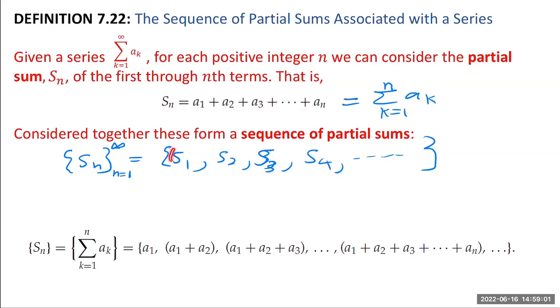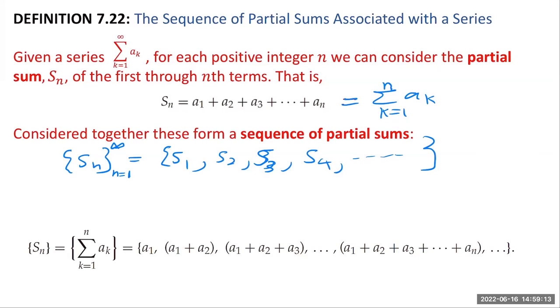Then how do you find the terms of this sequence of partial sums? How do you find S1? S1 is the sum of the first one term, right? The first term, that is just a1. What is S2?